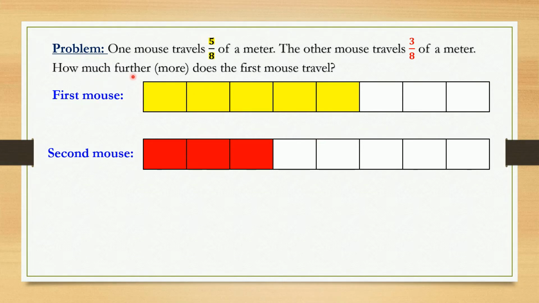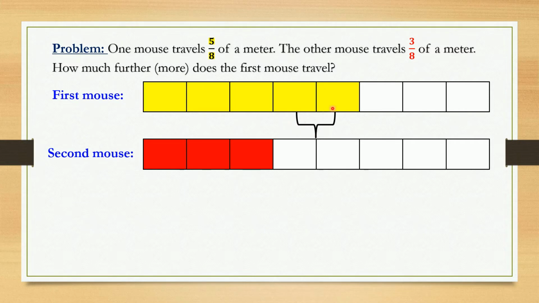So how much further or how much more did the first mouse travel than the second mouse? By looking at this figure, I notice that the first mouse traveled, in fact, 2 parts more than the second mouse.